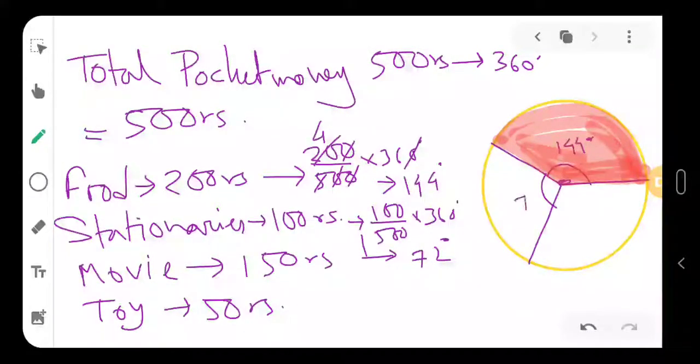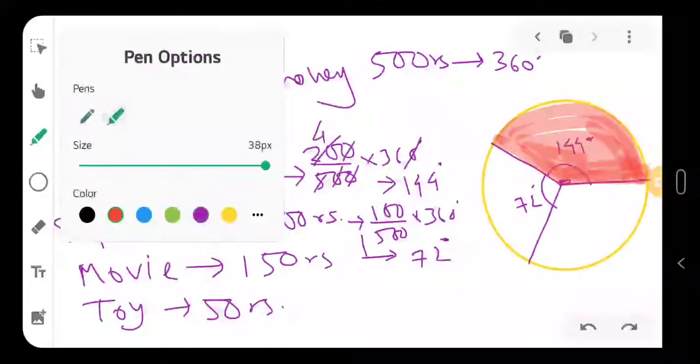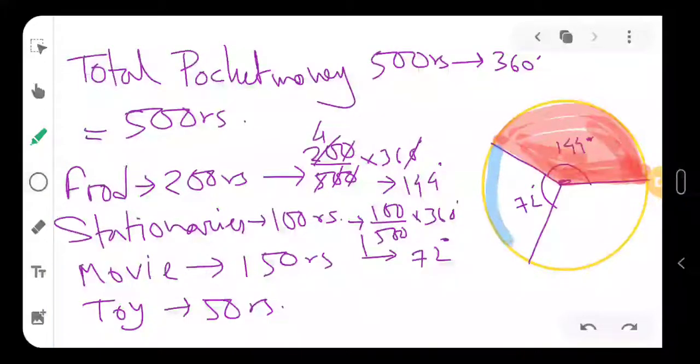Place the protractor right here like this, and then you draw where is the 72 degree. Okay. Now you again color it, and it's done. So this much portion I have used for my stationery.